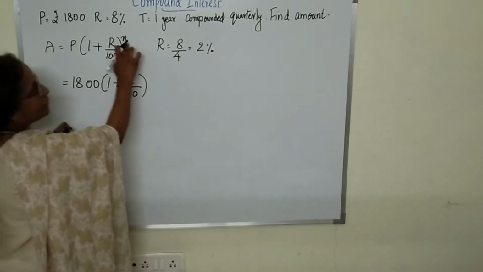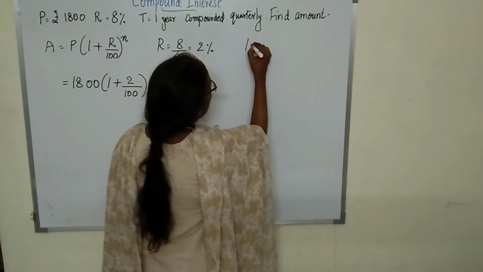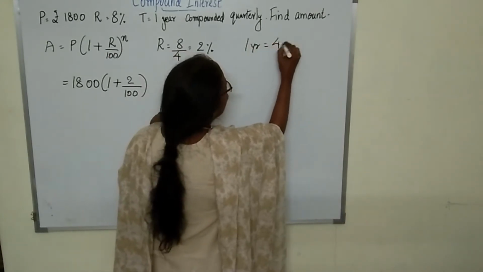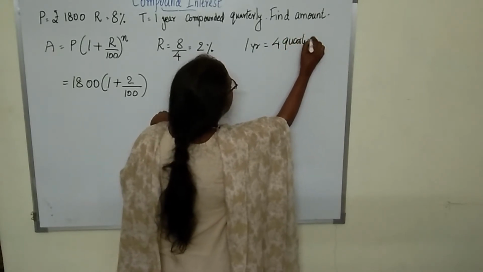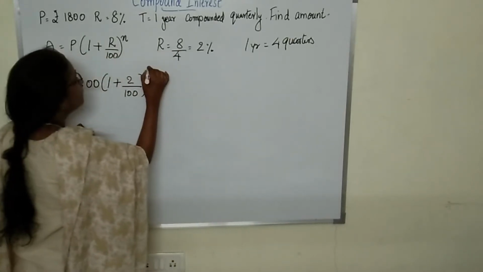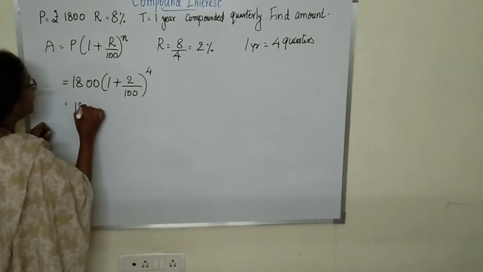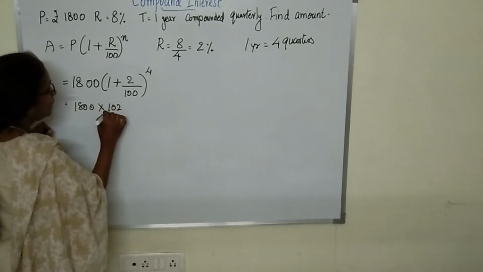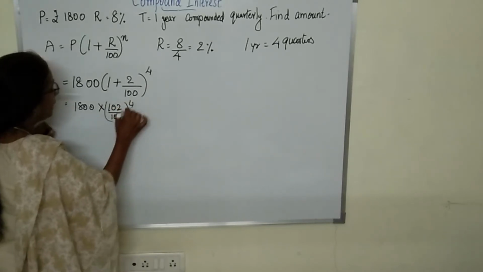Now, n. 1 year is equal to how many quarters? 4 quarters. So raised to 4. So we get 1800 multiplied by 102 upon 100, 4 times.